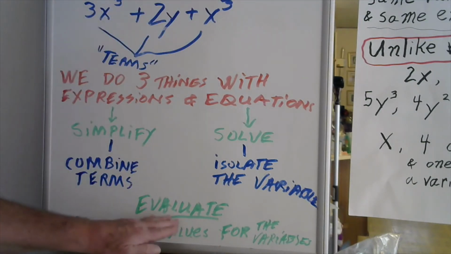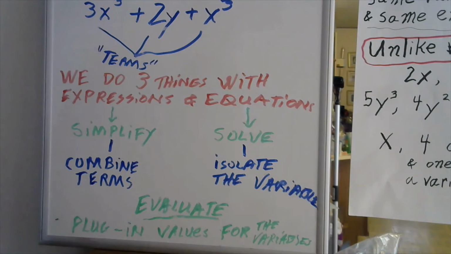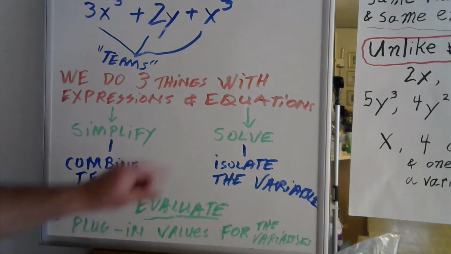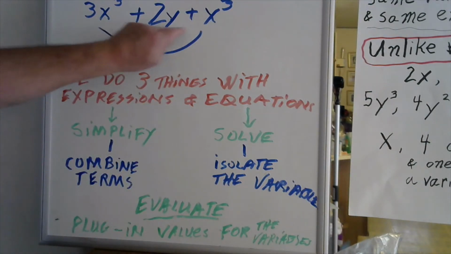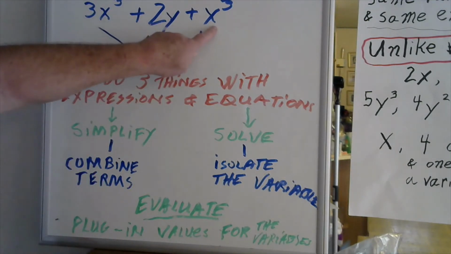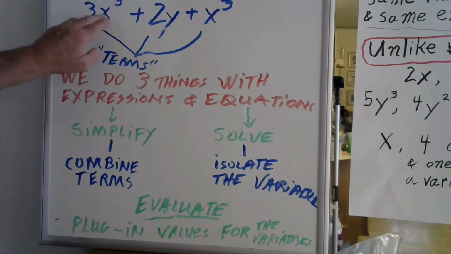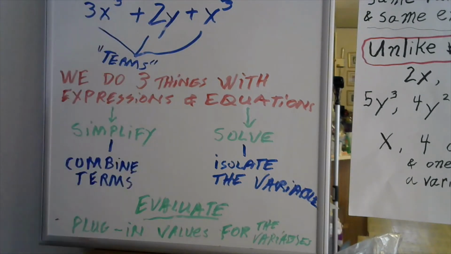And finally, sometimes we evaluate. Evaluating is pretty easy, because it's when you already have the values. If you have the values of y and x, or you think you have them, then you plug the numbers in for the letters and see if it works out.